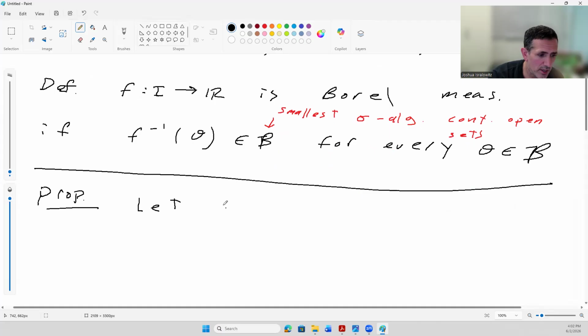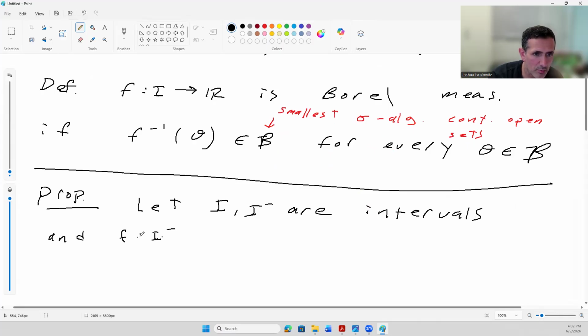So let's say I and I prime are intervals, and let's say f takes I to I prime and g takes I prime to the real line, and let's say these are both Borel measurable.